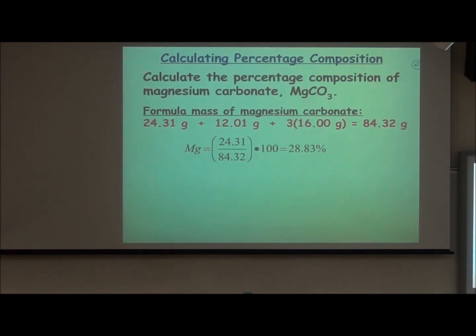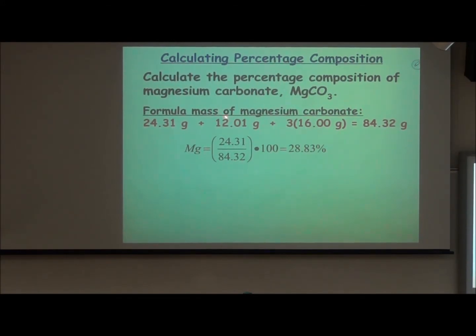And we find that we've got almost 29% of the mass of this compound is magnesium. And you certainly don't need to wait for me to click buttons to do this. You already know how to do it.